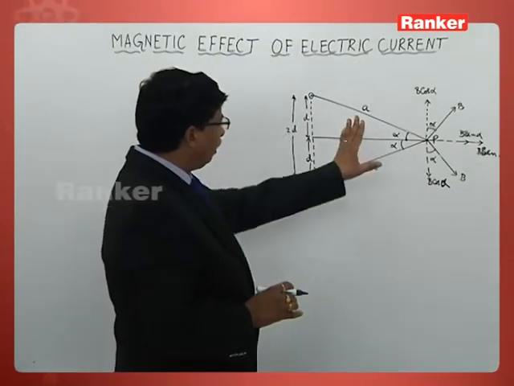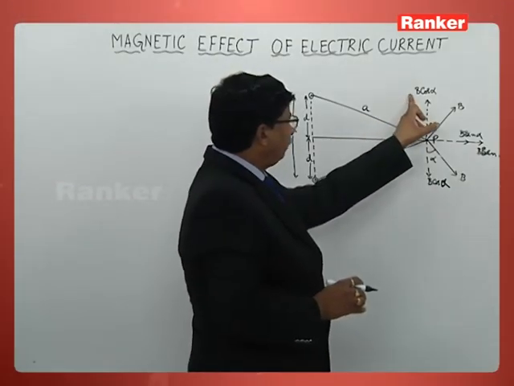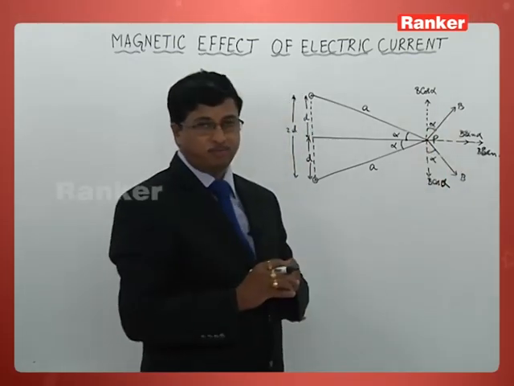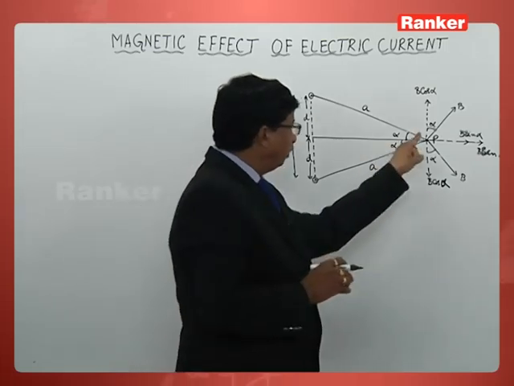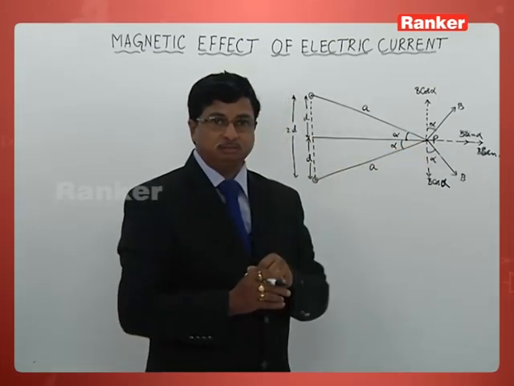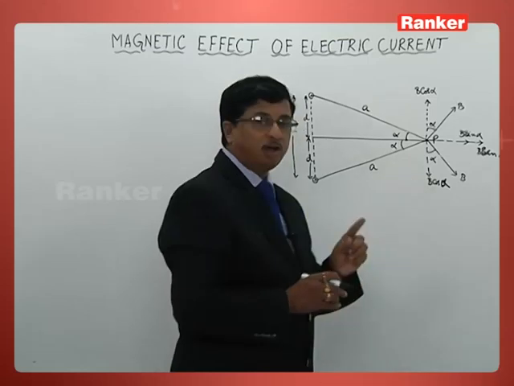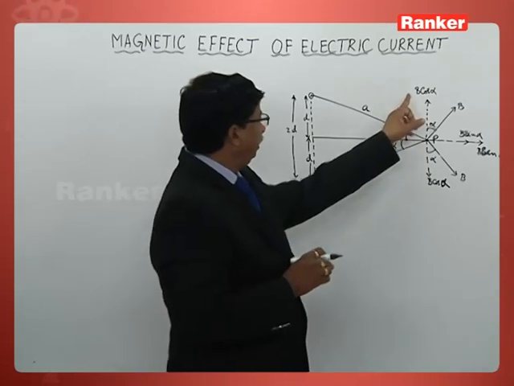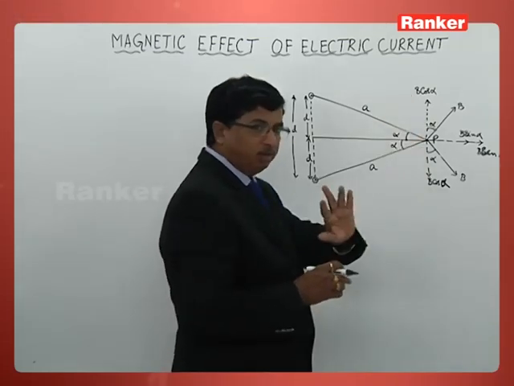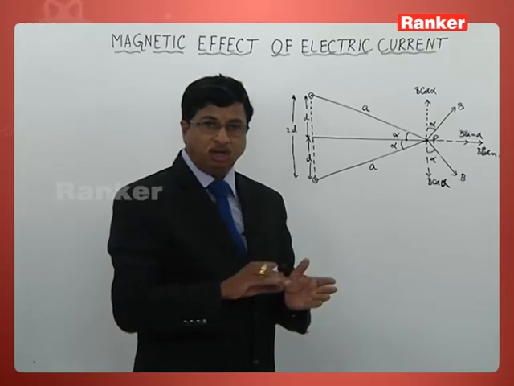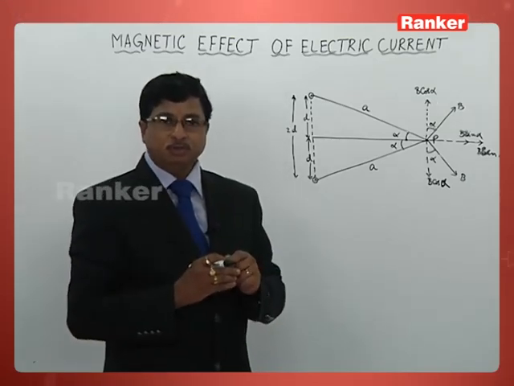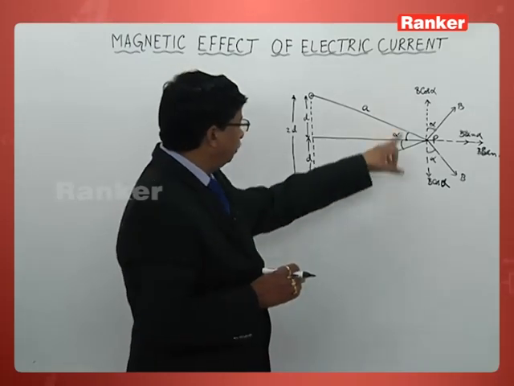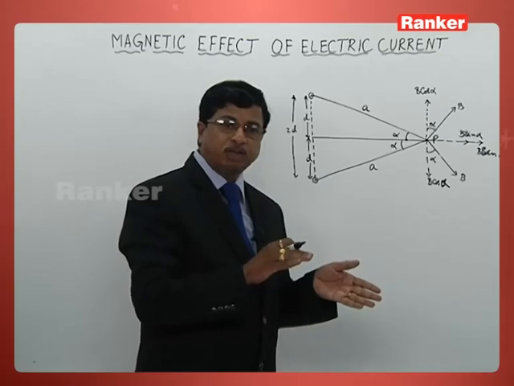So what we should understand here is that these 2 B cos alpha components, due to the 2 magnetic fields produced at point P, are equal and opposite. Then automatically these 2 are going to be cancelled. So at point P, due to the horizontal components, the resultant magnetic field would be 0.